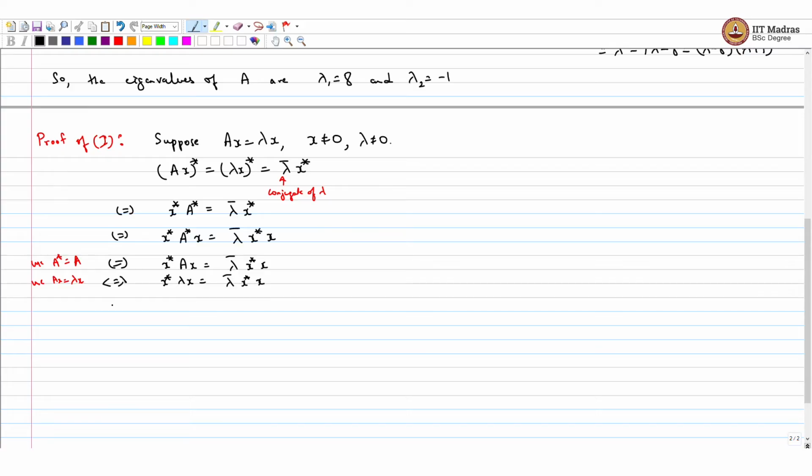And this just means lambda times x star x equals lambda bar times x star x, which is equivalent to saying lambda equals lambda bar, since x star x is not 0, since x is an eigenvector, or x is not equal to 0. So lambda is real. That's the end of this claim.